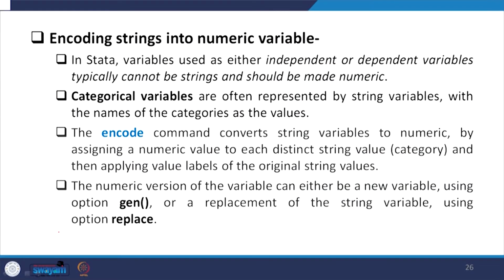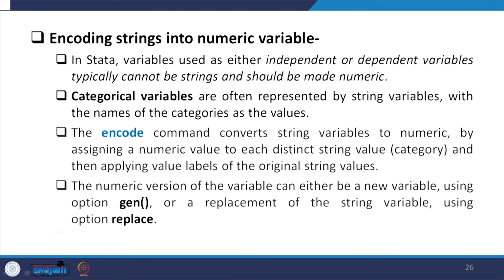In case some categorical values are entered in string format or string variable, then encoding is important. Encoding string into a numeric variable is very important; destring is not going to work. In Stata, variables used as independent or dependent variables typically cannot be strings and should be made numeric.